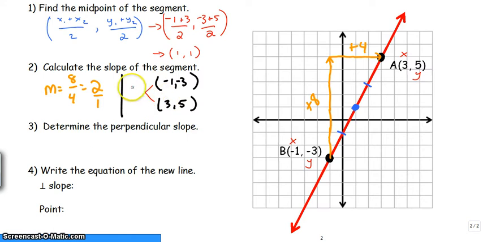From -1 to 3 is a +4, from -3 to 5 is a +8. We get the same thing, a rise of 8, a run of 4, which would simplify to 2 over 1. So we have the possibility to do that a couple of different ways. That only interests me so far as it can tell me what I need about my new line.